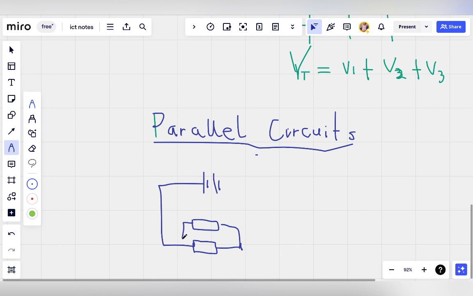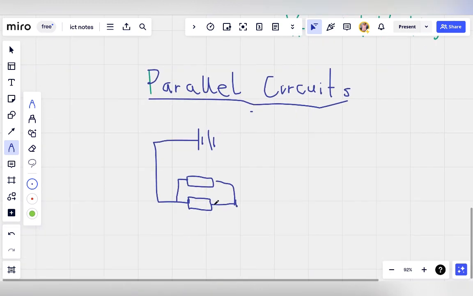And let's say we still have another one here. When the bulbs in your house are arranged like this, this is called a parallel arrangement.